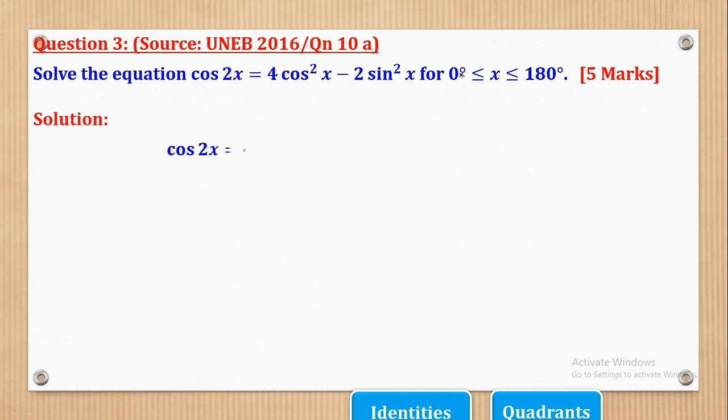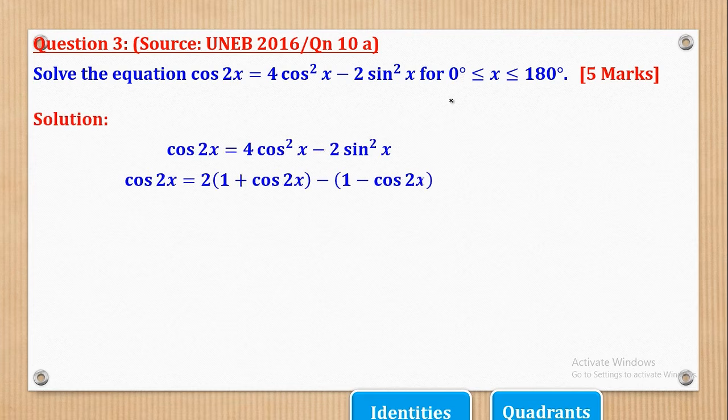So we're going to first rewrite the equation. Then from there we shall express all in terms of the reverse of the angle. Remember this one, let's first go back to the identity.